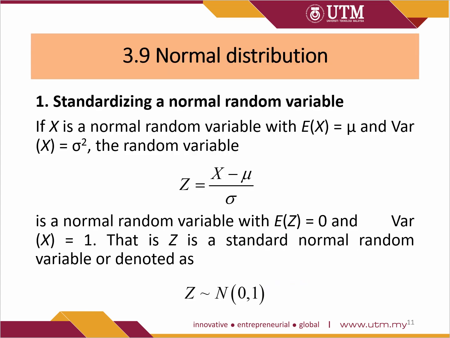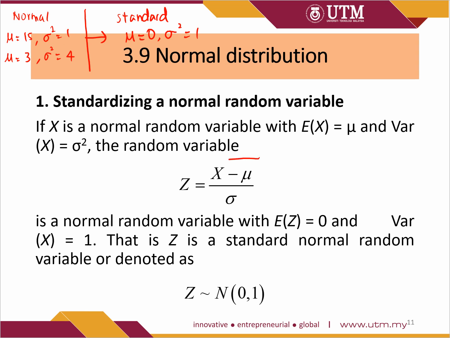Alright, so now how can we standardize the normal random variable? Remember, I showed you just now, given that we have a normal distribution with different means, for example mean equals 3, sigma square equals 1, or sigma square equals 4. How can we convert this into a standard normal distribution? The standard normal always has mean equals 0 and variance equals 1. So here is the formula.